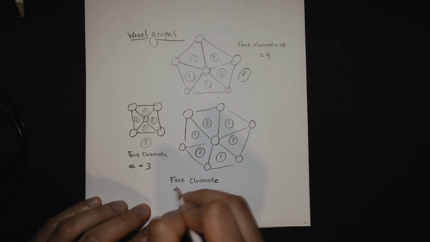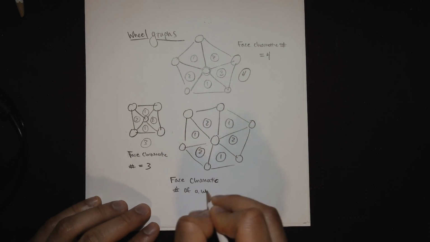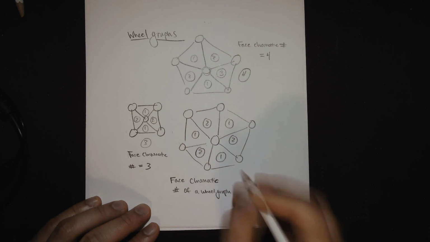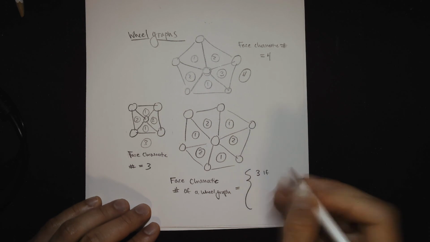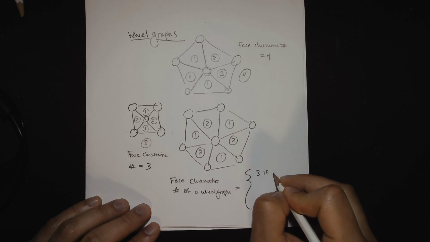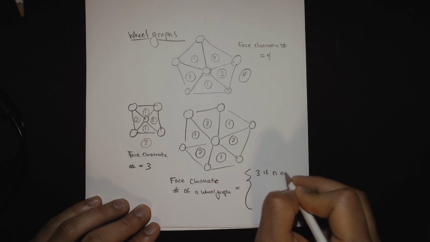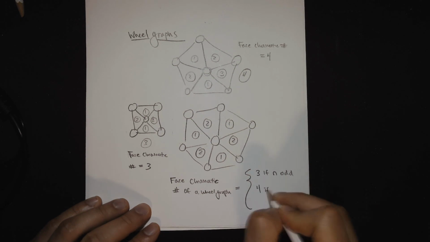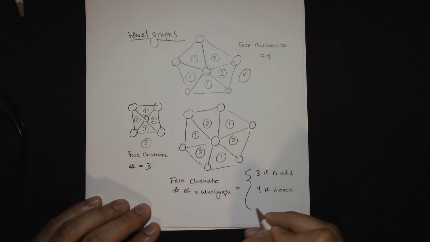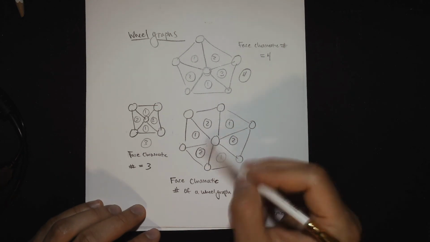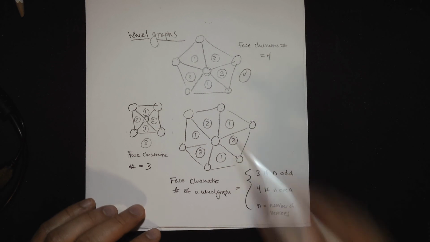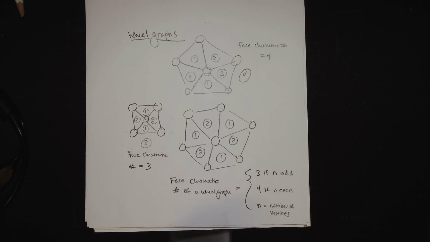So the face chromatic number of a wheel graph is going to be 3 if n is odd, and 4 if n is even, where n is the number of vertices. Right, so remember that these wheel graphs that generate an even number of wedges on the inside have an odd number of vertices in total, right? So this is the result for the face chromatic number of wheel graphs.